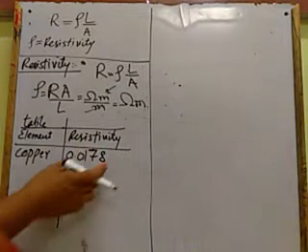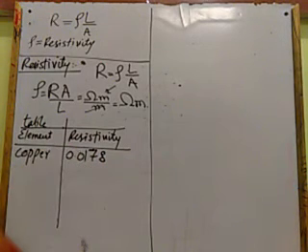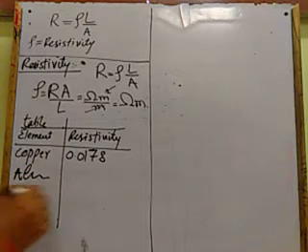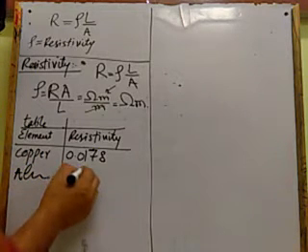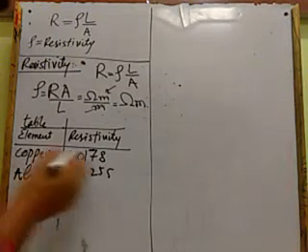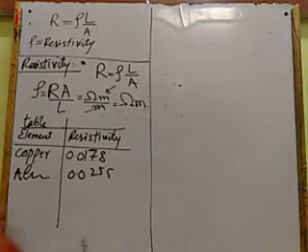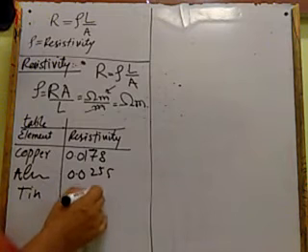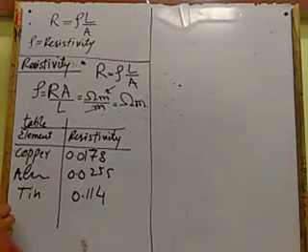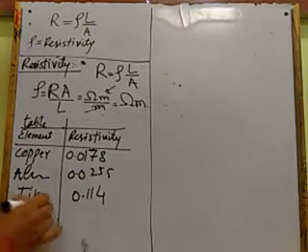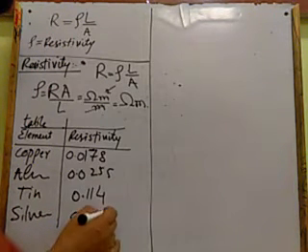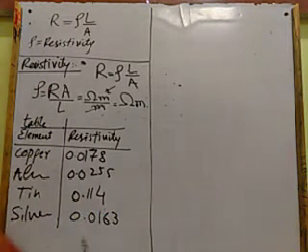0.0178 is the resistivity of copper. Similarly, aluminium, that is 0.0255. Again, tin, that is 0.114. Silver, 0.0163.